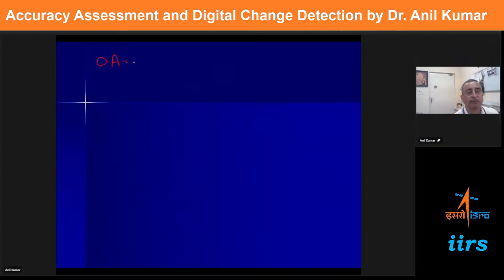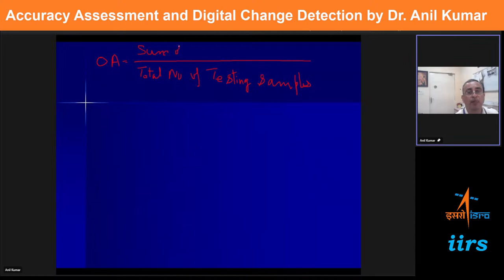So overall accuracy means the sum of correctly identified testing samples divided by the total number of testing samples, multiplied by 100.